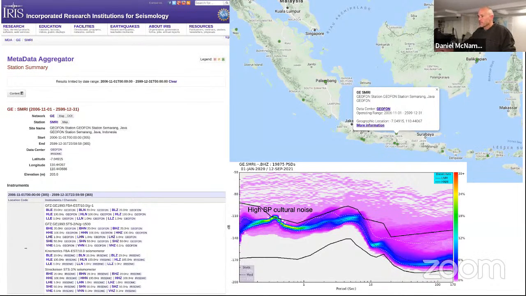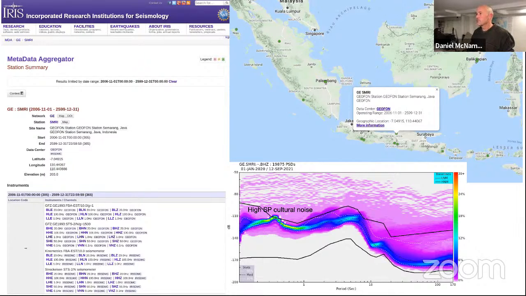The PDF plot in the lower right shows relatively high short period cultural noise compared to the previous example. This is probably in a more populated area, Central Java, I'm guessing.